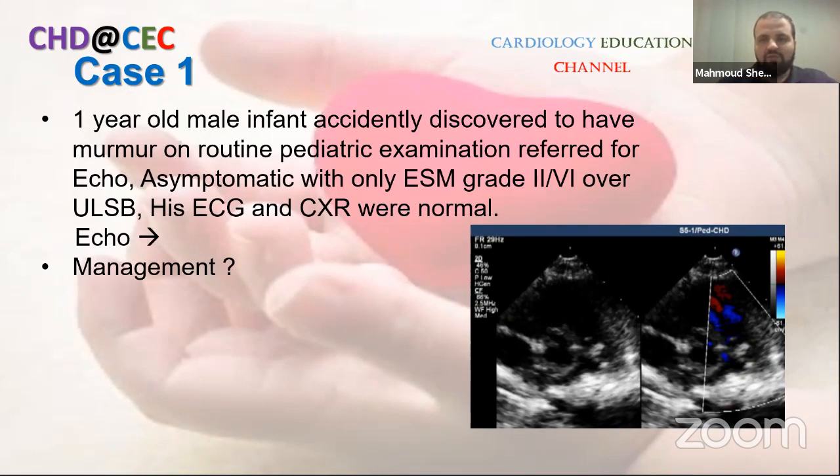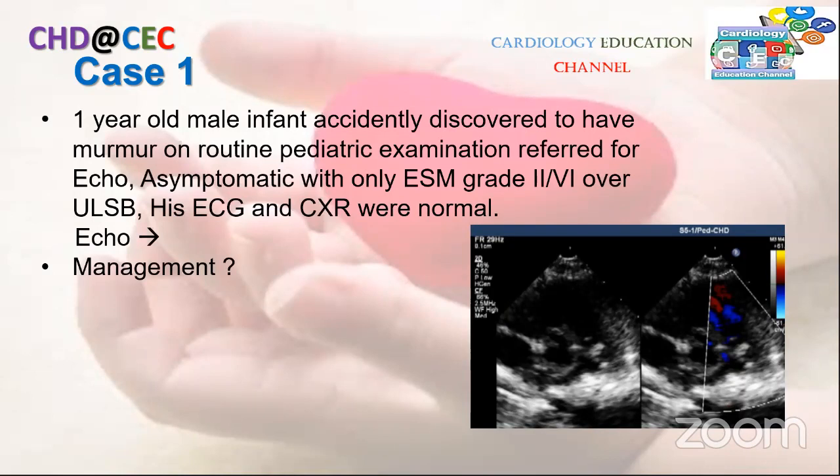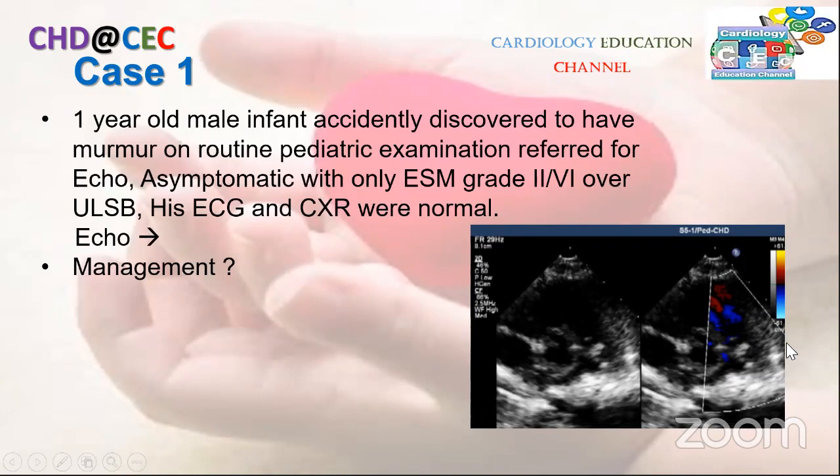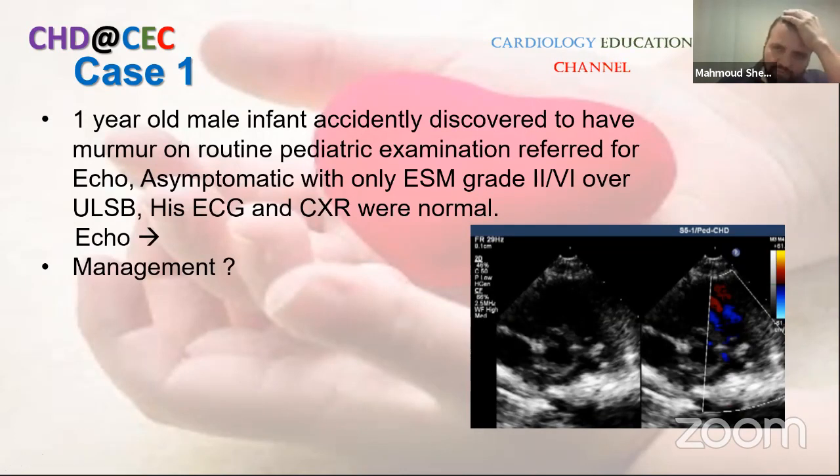But you need to measure all these parameters in a single view. If you can do that from the parasternal short axis or parasternal long axis with good angulation, it will be great. As we mentioned, this is also for quantification, if you have a gray zone degree of stenosis and you need to plan for intervention.